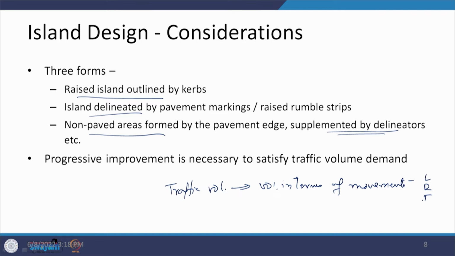So, what is the amount which is going in each of these directions? Now, depending on this volume which is continuously increasing, you have the future projections. Going by that, we have to see how it is going to be progressively improved from time to time, and if it is done, then the movement of the traffic can be smooth.